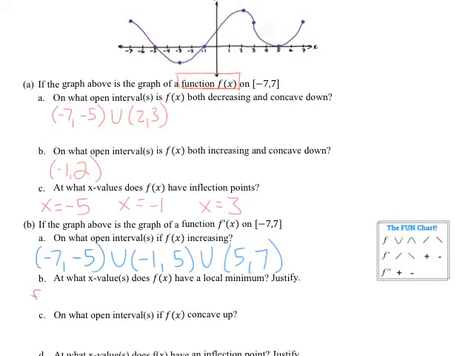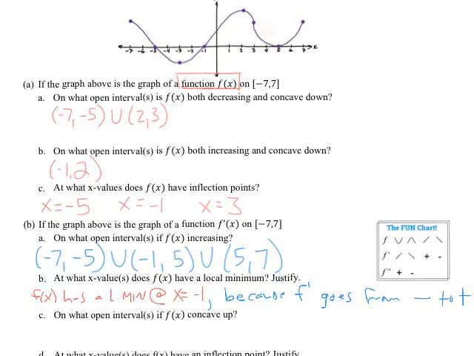So let's write that out. F of x has a local min at x equals -1, and then the justification is because f prime changes or goes from negative to positive at that spot.